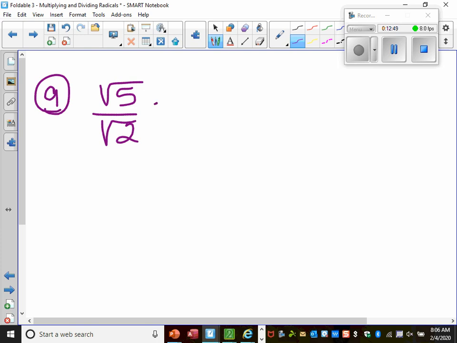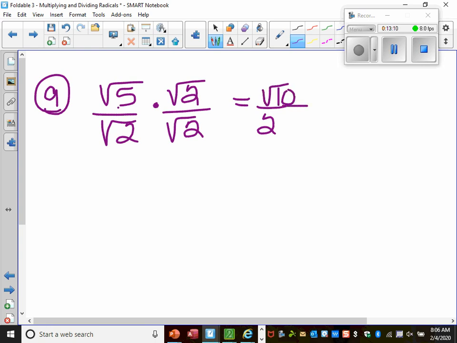So like we did before, we're going to multiply the top and bottom by rad 2 because that makes the denominator a perfect square. So rad 2 times rad 2 gives me the square root of 4, which is what? 2. And then when I multiply rad 5 times rad 2, that gives me rad 10. Now I cannot simplify that because one number is under the radical and one is not, so that is my final answer.